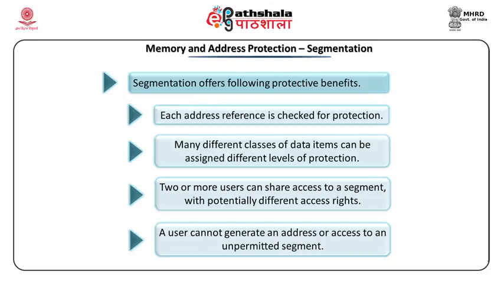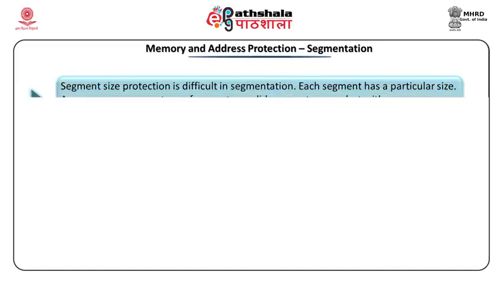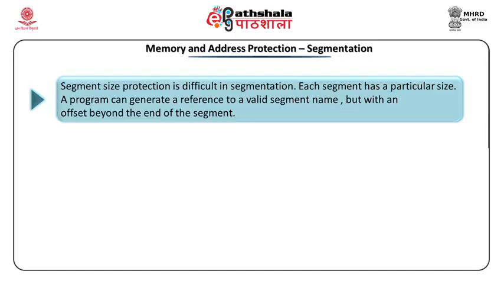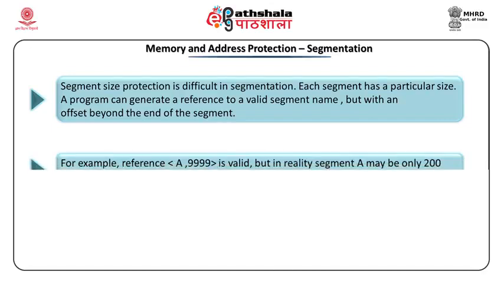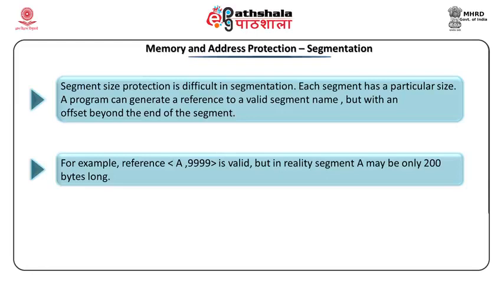But what are the disadvantages when we are using segmentation? One difficulty is segment size. Each segment has a particular size. A program can generate a reference to a valid segment name but with an offset beyond the end of the segment. For example, if we say A, the segment name, and we are referencing location 9999, it looks perfectly valid.